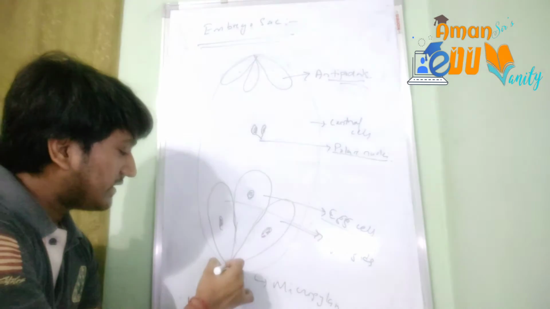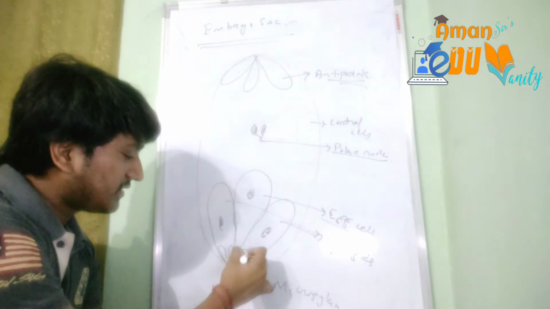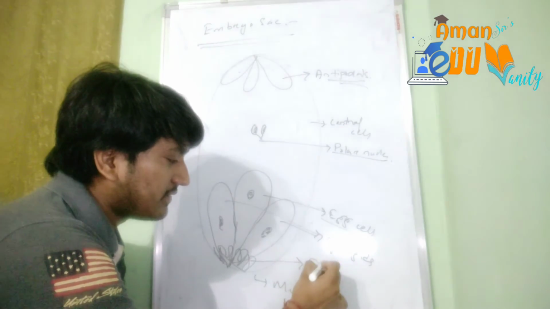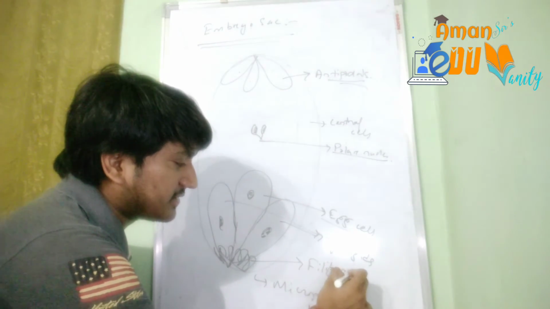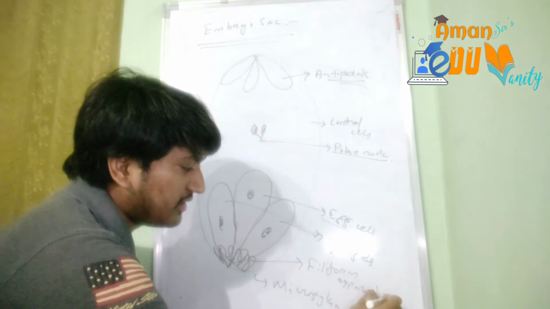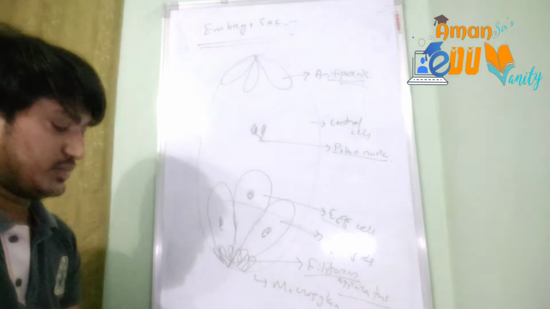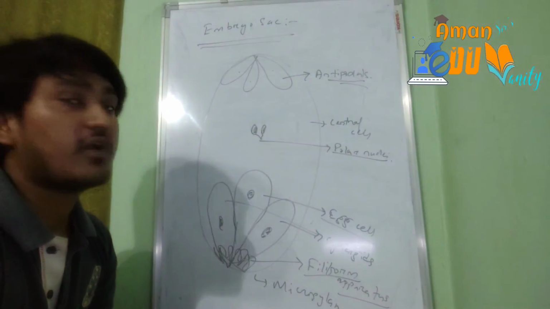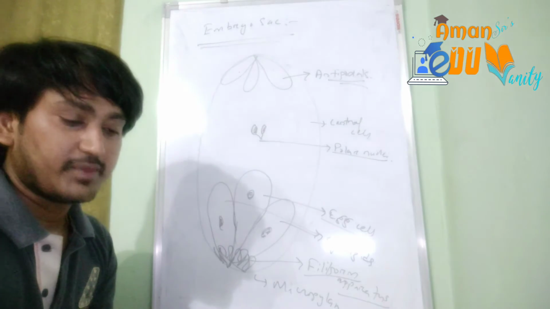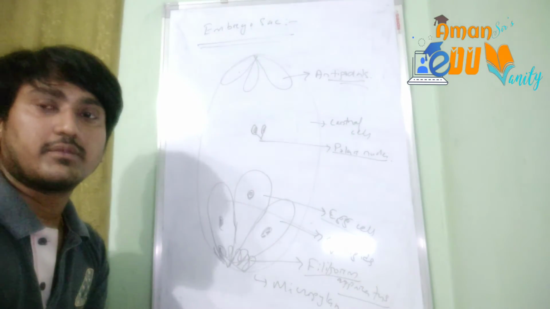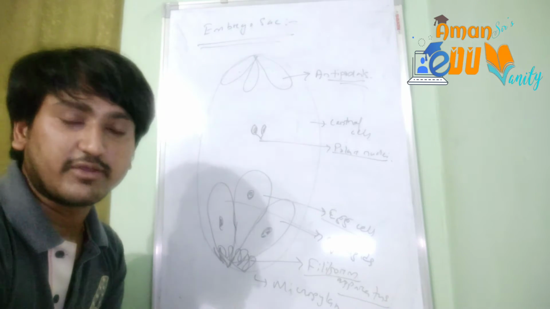Also, there are finger-like projections at the base of the synergids which are termed the filiform apparatus. These are also guiding the pollen tube. So yes, this is the formation of the embryo sac. From a single megaspore mother cell, the megaspore tetrad is formed.